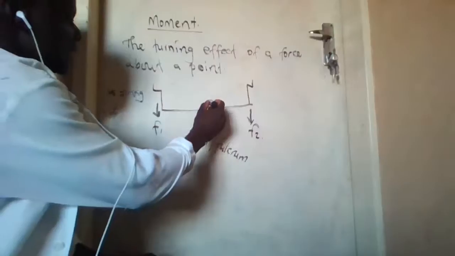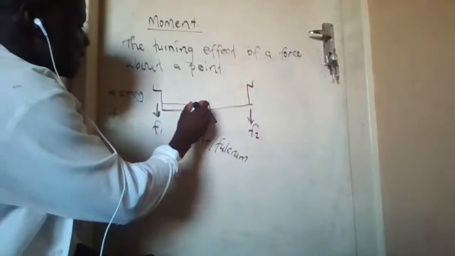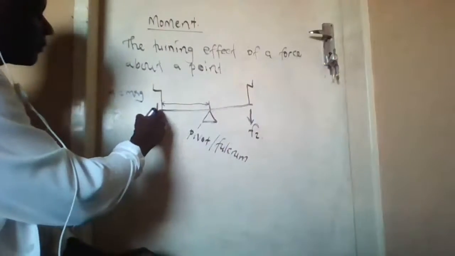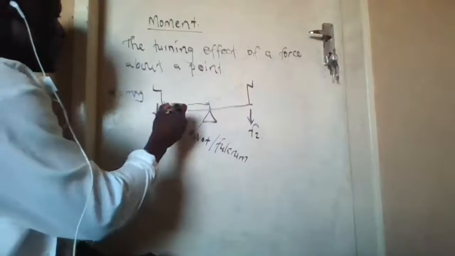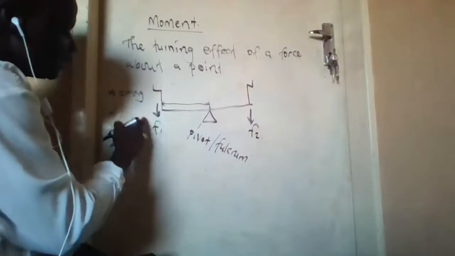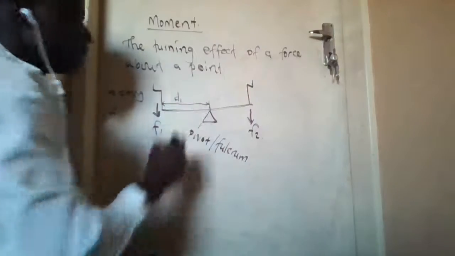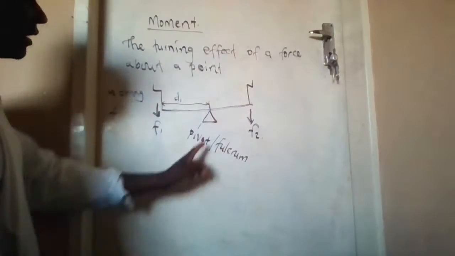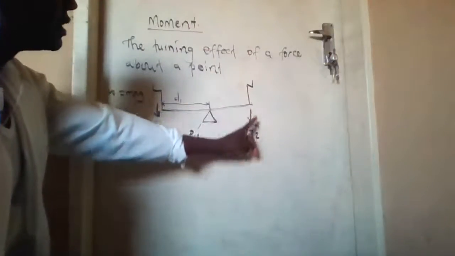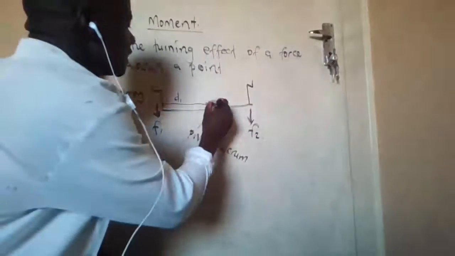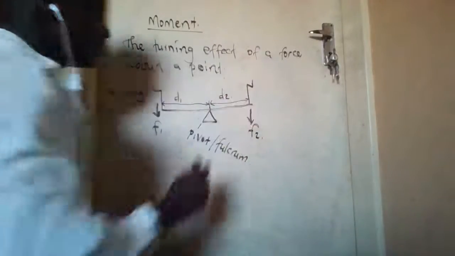If you consider the distance from the pivot up to the point where the force is applied, for this person on the left who applied force 1, we are going to call it distance 1. And the distance from the pivot up to where the person is who has applied force 2, we are going to call distance 2.